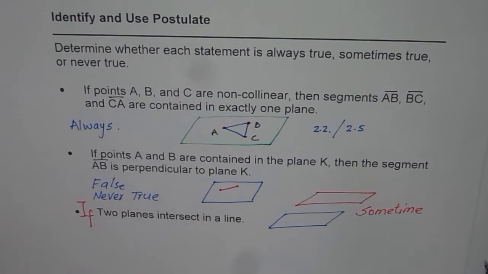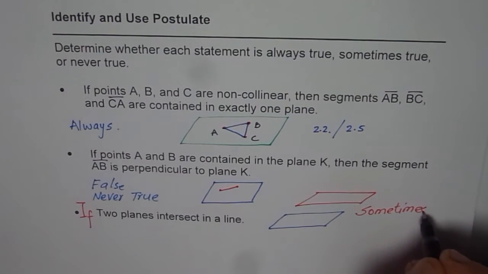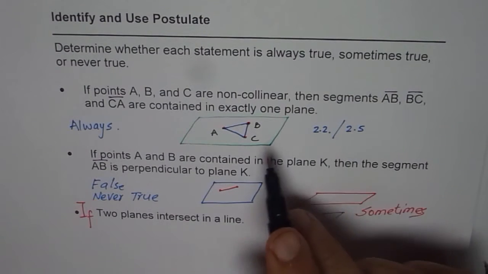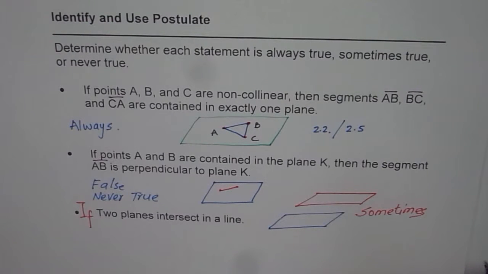You see, if. So that is what is important to understand. So 2.7 says, if 2 planes intersect, then their intersection is a line, right? So it is sometimes true, not always. So that is how you can answer your questions, correct?